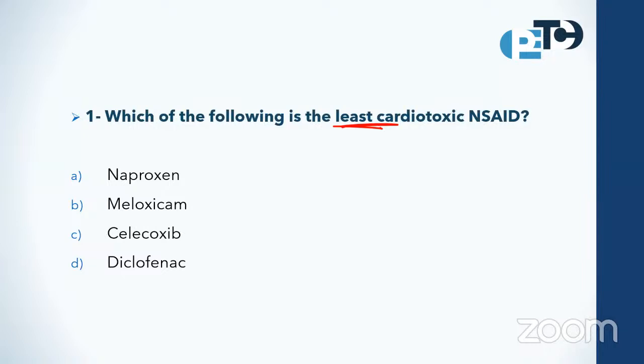The first drug that you can exclude is celecoxib, or the coxib family, because it will lead to some cardiotoxicity. Also, it may have some black box warning on their boxes. So the least one here is naproxen, followed by meloxicam. So if naproxen is not present, meloxicam will be the choice.